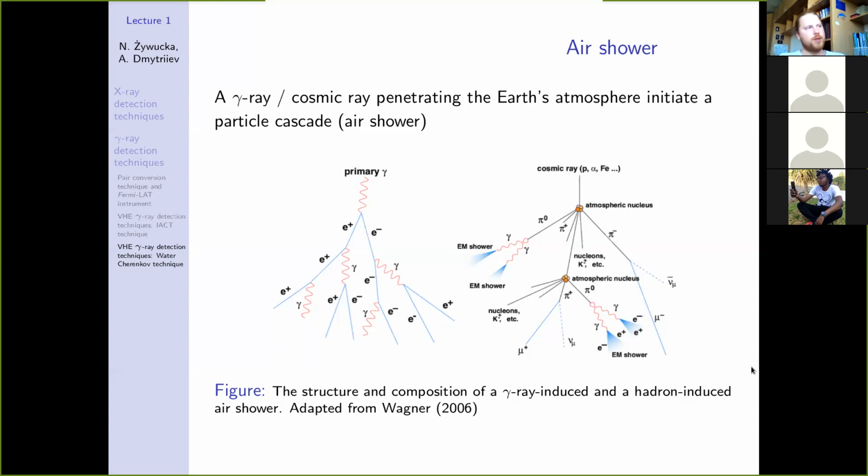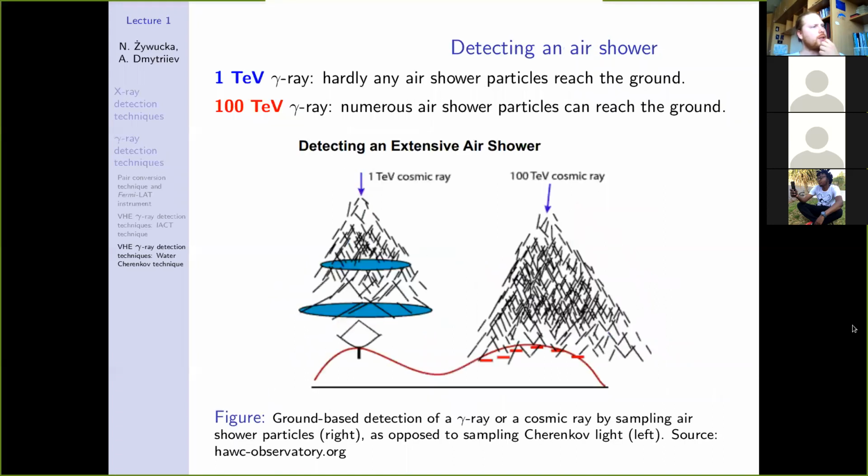This is just a reminder of what charged particles like cosmic rays, or neutral ones like gamma rays, do when they enter the atmosphere of the Earth. They induce these cascades named air showers.